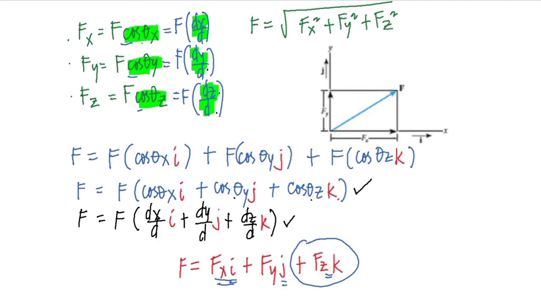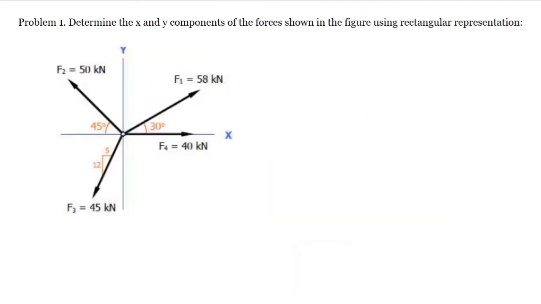So our problem number 1 for the rectangular representation of a force, we are asked to determine the x and the y components of the force as shown in the figure using the rectangular representation. So from here, we have the F1 is equal to 58 kilonewton with an angle of 30.